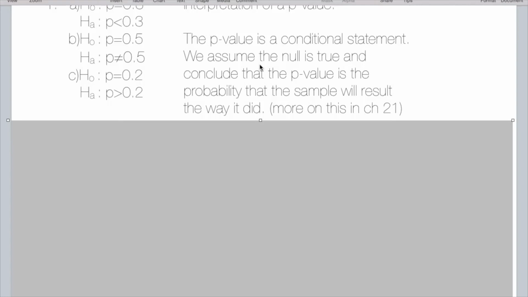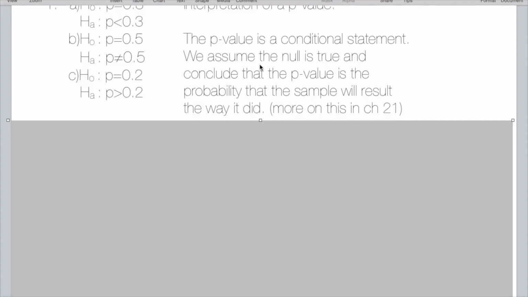So if there's no change in public opinion, then this probability, it was 22% chance, we would be able to see a sample with a result like we have 22% of the time. Notice the probability is related to the sample occurring. Not that we got it right, not that we know what the true proportion really is. It's none of that. So be very careful.